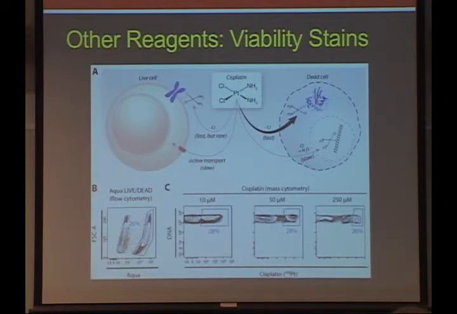As you'll see in the bottom panels, the level of staining that we get on AquaLive dead on a flow cytometry platform or using our cisplatin viability stain on a mass cytometry platform are actually very comparable. So if investigating live cells is very important for your experiment, then that's another tool in the toolbox that you can utilize.